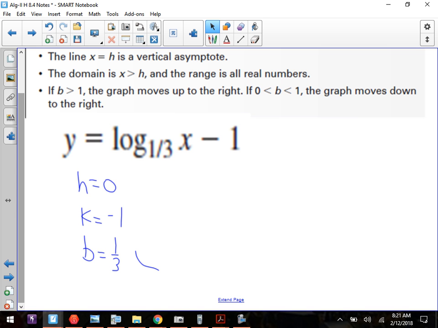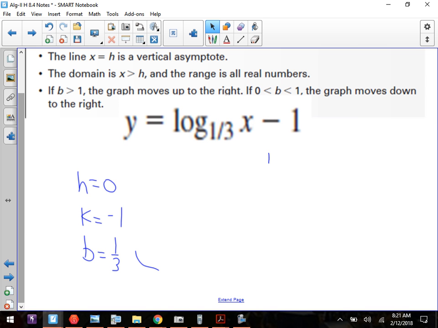When you start looking at this, you want to think about the real easy properties of logs. Log base b of 1 equals what? Log base anything of 1 equals what? 0. And then log base b of b is always equal to 1.